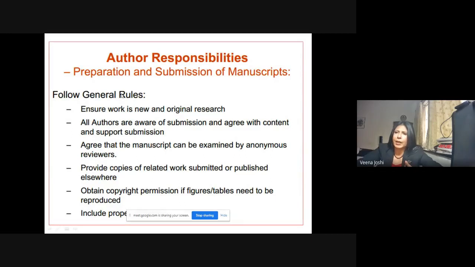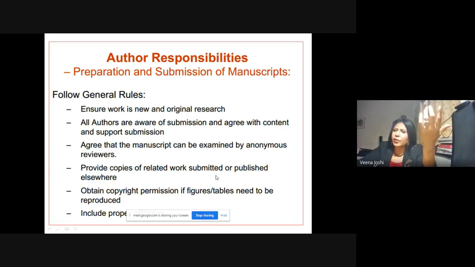An author should ensure that the work is new and original. If there are 4 people writing, all 4 should know where it is submitted. They have to give consent together. They have to agree that the manuscript can be examined by anonymous reviewers, people who do not know you.